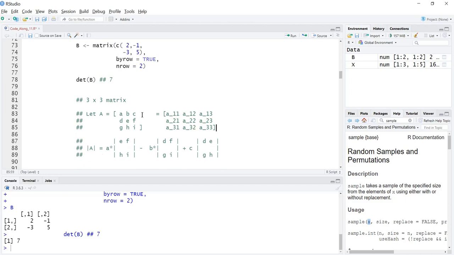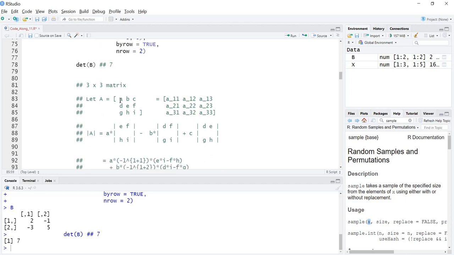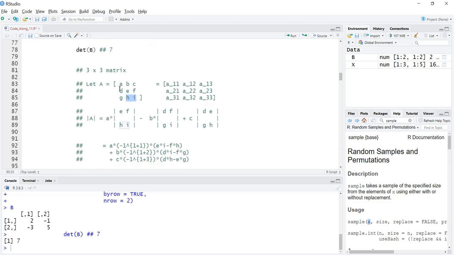Okay, so for this 3 by 3, I'm going to take A times the determinant of the elements that are not in the row or column of A. Okay, so it's E, F, H, I. But in order to determine whether this is going to be positive A or negative A, I need to take negative 1 and raise it to the power of the sum of its position.